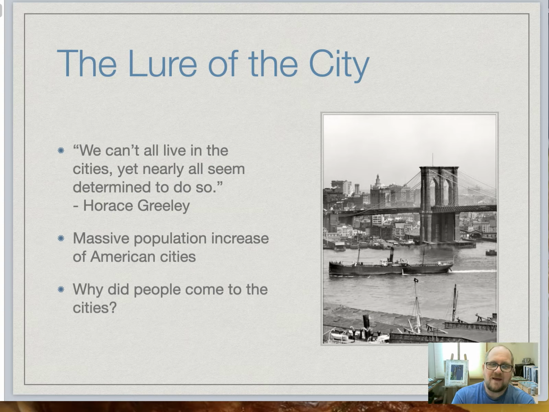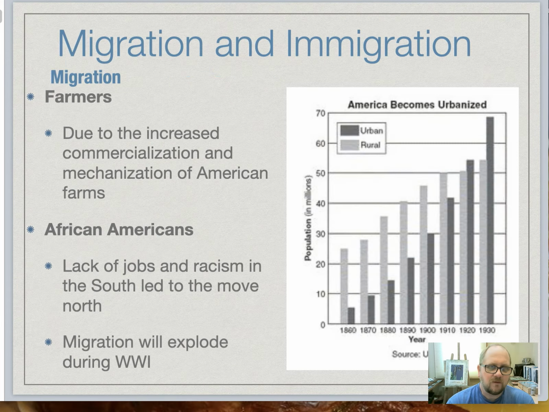Also, we see this massive population increase of American cities, which, again, is to do with that migration, but also immigration as well, which you have to think about the world stage, about how that was affected, and what were the reasons why we see this major push into America. Okay, so the migration we see is due to increased commercialization and mechanization of American farms, like we just talked about.